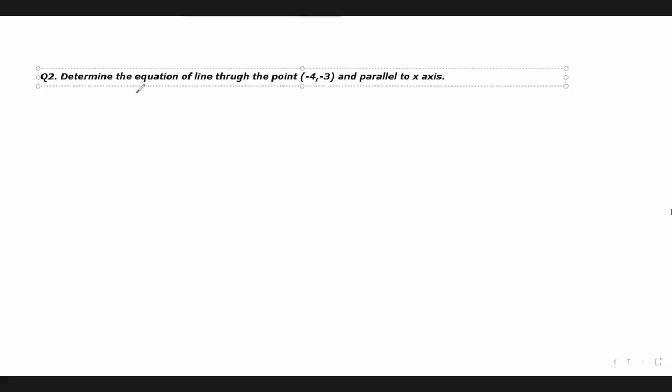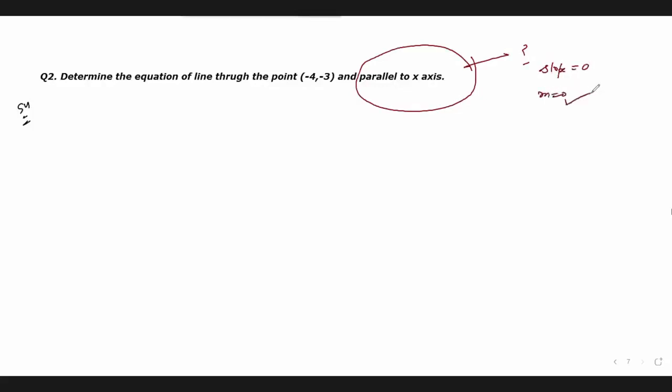So now see, we have to find an equation of a line which is passing through the point minus 4, minus 3 and parallel to the x-axis. So as you know, when a line is parallel to x-axis, what will be my slope? Slope will be 0. That means m is 0.